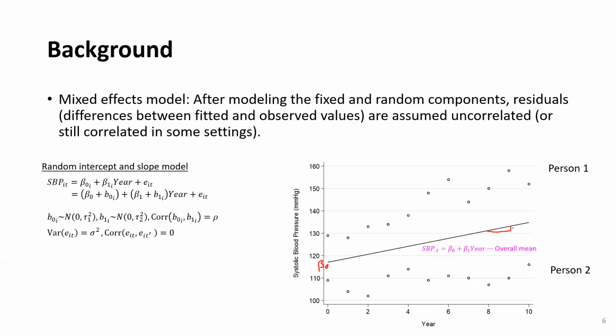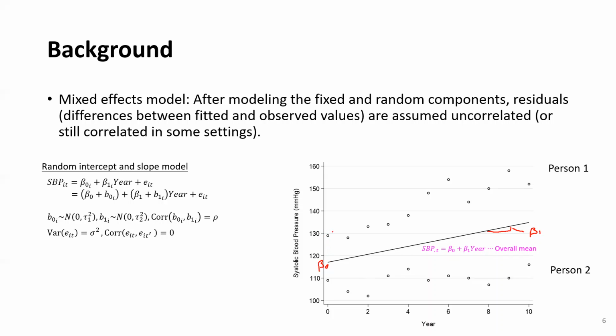So this slope, the blood pressure increased by beta 1. So this is explained by this equation, or fixed component of this model. But still, there's a problem here, as you can see.